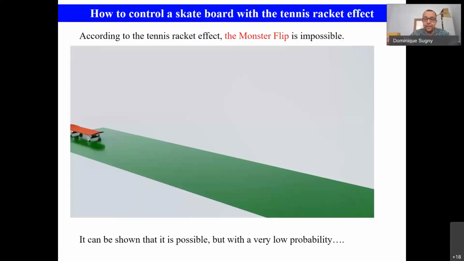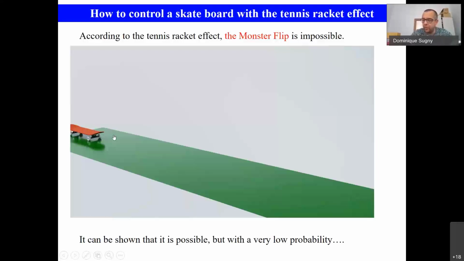Another very interesting geometric effect, which is connected to the tennis racket effect, is what we call the monster flip. The monster flip is a freestyle skateboard trick. Again, the idea is to make a full rotation of the skateboard around the transverse axis, which is in the plane of the board and orthogonal to the longitudinal axis of the board.